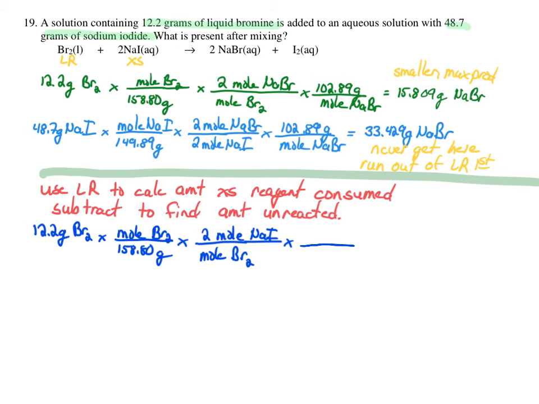Converted to mass, we use the formula weight of sodium iodide, 149.89 grams is equivalent to a mole of sodium iodide, and that means we have 23.03 grams of sodium iodide consumed.